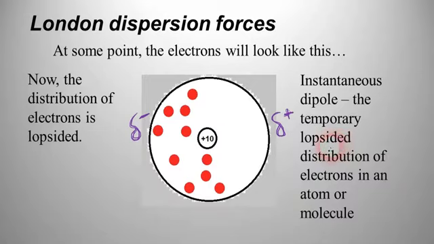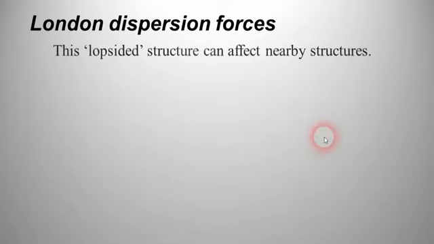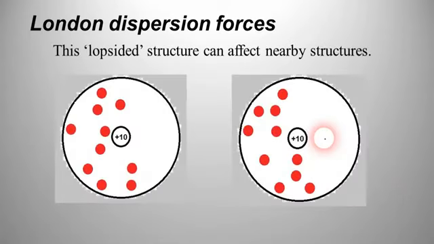Now, because of this, if we take a look at what this can do to other nearby atoms, if this atom here on the right is our original structure with that negative instantaneous dipole over here and a positive one on this side, well, that can actually affect nearby atoms. And so if we have a neighboring neon atom like we have over here on the left, the electrons, this negative side, is going to push those other electrons over.